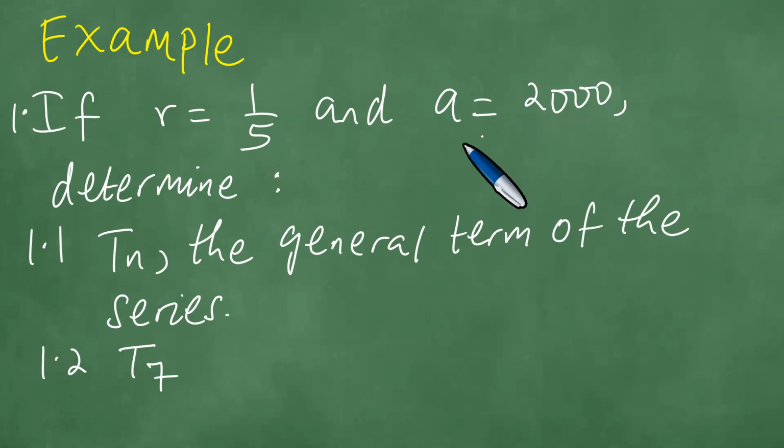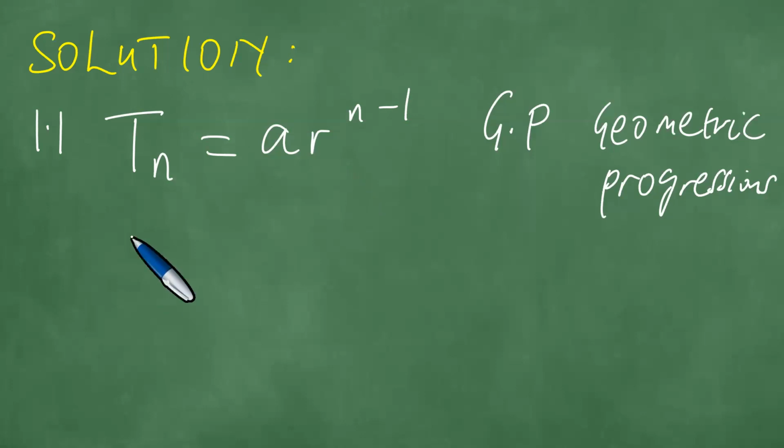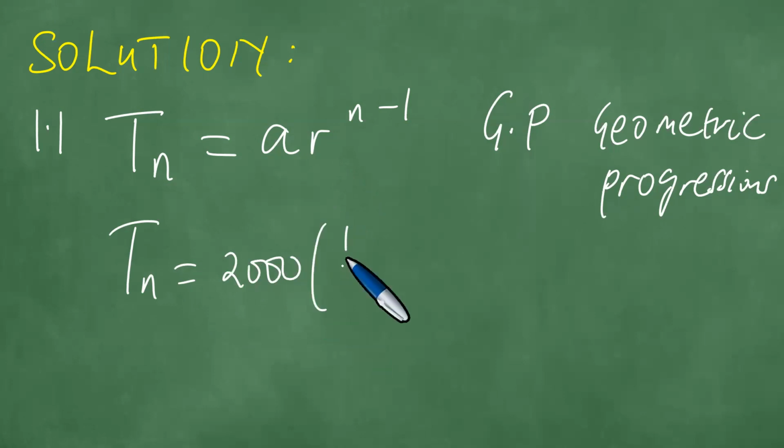But now we have the first term is 2000. The first term is 2000, and the constant ratio is 1/5. So we come here. In the place of A, we put 2000. In the place of R, we put 1/5, and we have n minus 1. That is the answer, because we just substitute.